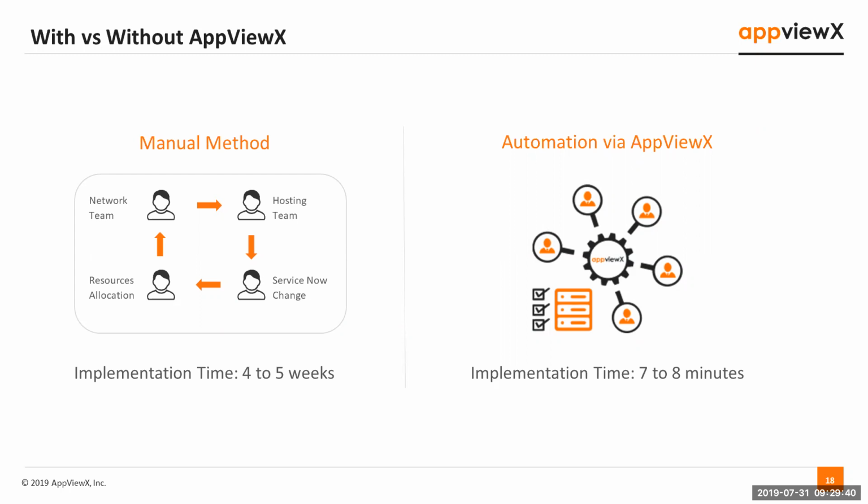All of that interaction takes days, potentially weeks. With all of that collected into a low-code automation platform like AppViewX, you can turn that implementation time from days and weeks into mere minutes.